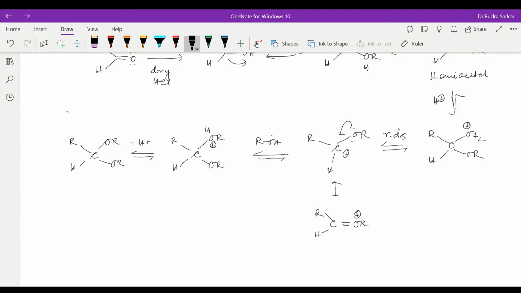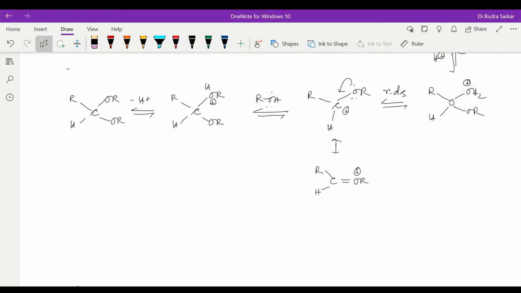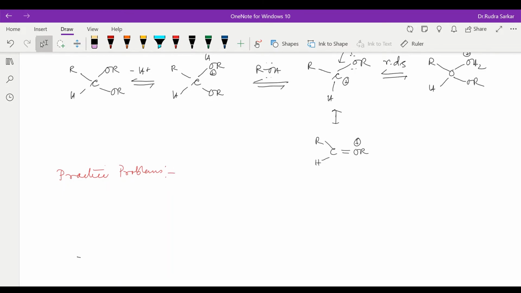Now see, doing this very long mechanism in an exam will be a wastage of time. Okay, so for that I'm teaching you something which will help you to not only crack the problem but also save some time for you. Okay, let's see.